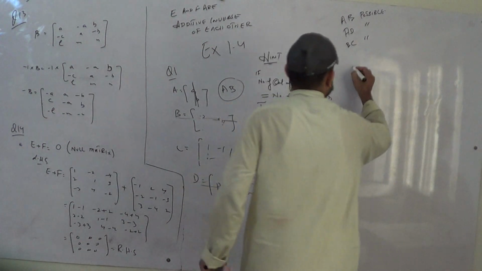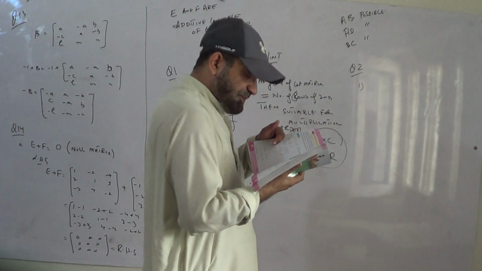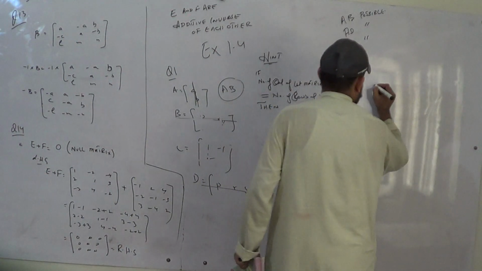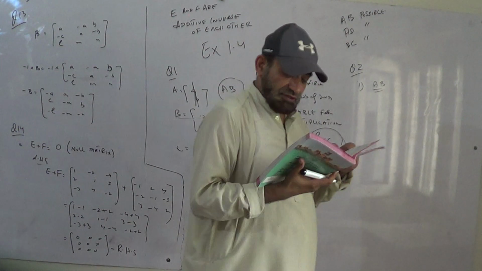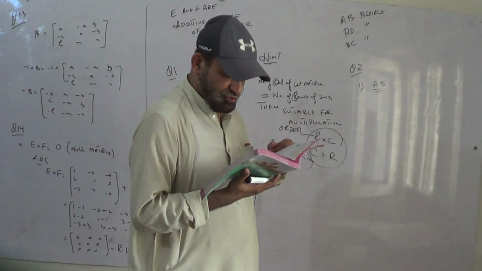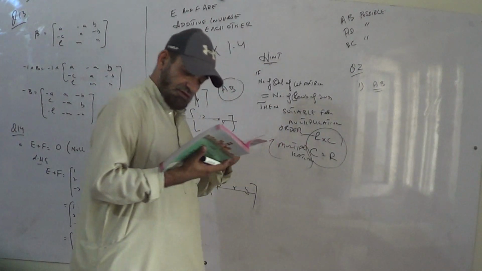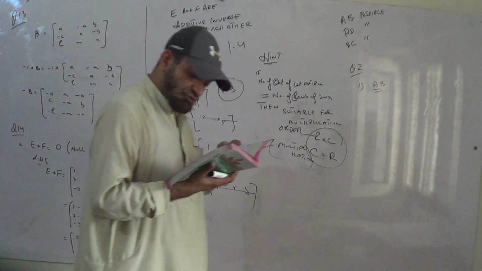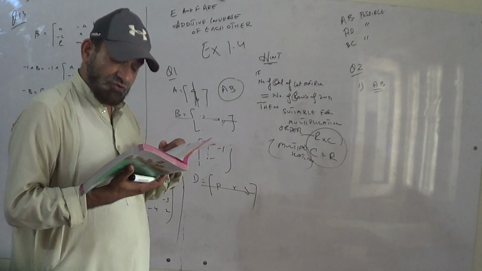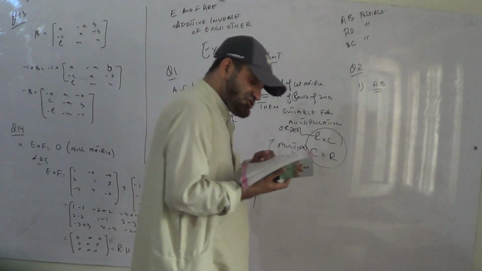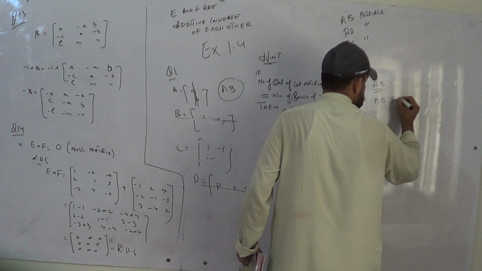Now question number 2. Part 1: is AB possible or not? If you check in the book, the number of columns in A is 2 and the number of rows in B is 2. Then AB is possible.